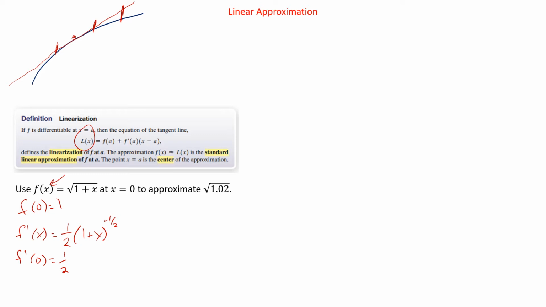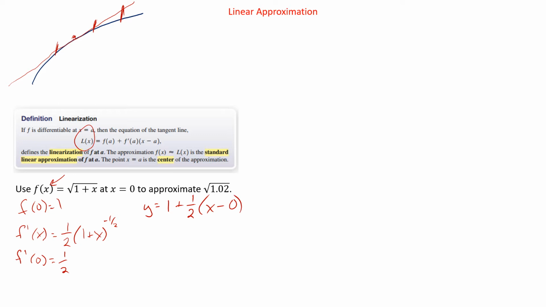So I'm going to use y equals the y value, so 1 plus 1/2 times x minus a, or x minus 0. Sorry, that's the x value, x minus 0. So in this case, just 0.